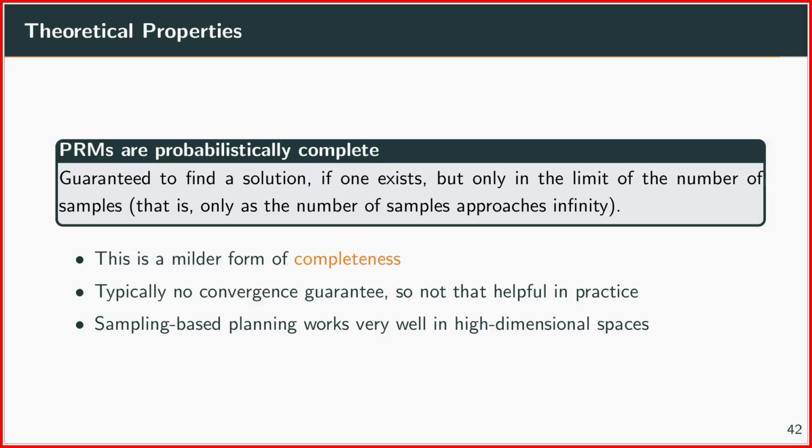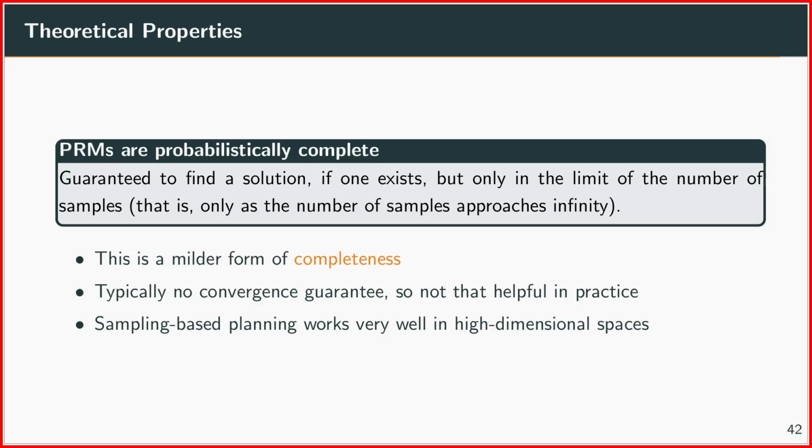And in terms of convergence, there are actually no guarantees, so this is not super helpful in practice. But I think this probabilistic completeness plus that sampling-based planning works pretty well in high-dimensional spaces makes probabilistic roadmaps actually one of the most important algorithms for motion planning.